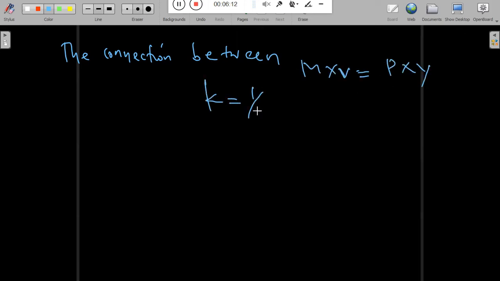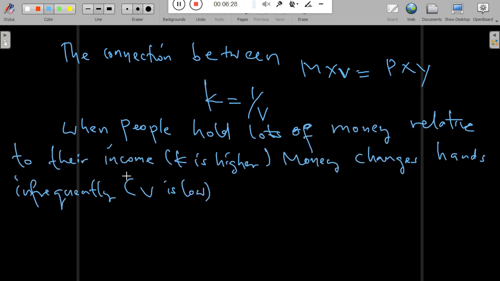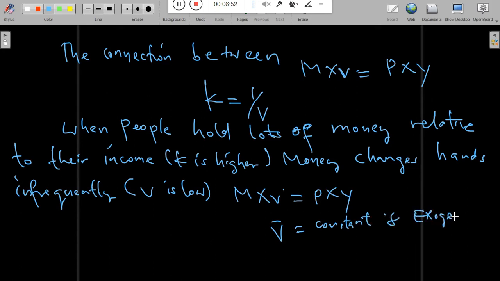So we try to look at the connection with the quantity equation, that is MV = PY, whereby k is equal to 1 over V. So k is large when people hold lots of money relative to their income. When money changes hands frequently, velocity is high and k is low. So in MV = PY, velocity is kept constant or exogenous.